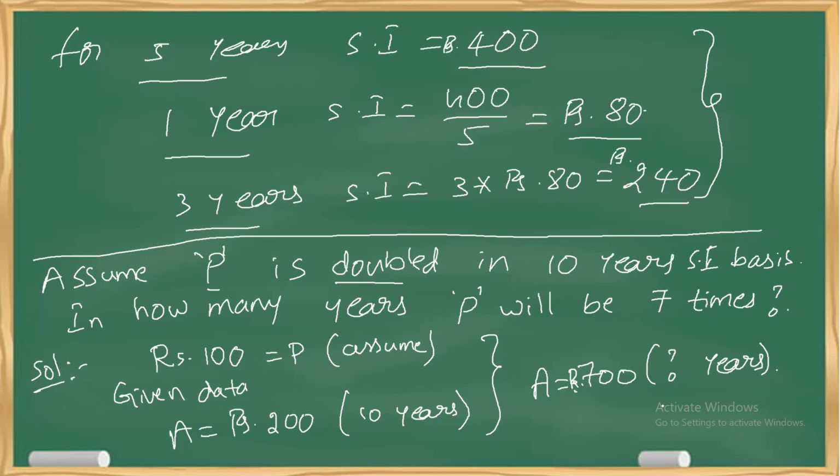That is doubled. Now the question they asked is, the amount will be 7 times the principal amount. Okay, that means the amount you are supposed to pay finally is 700 bucks. Okay, after how many years will this happen? This is a question.